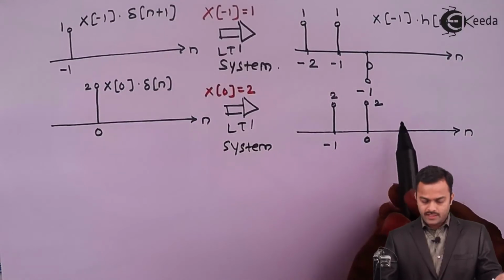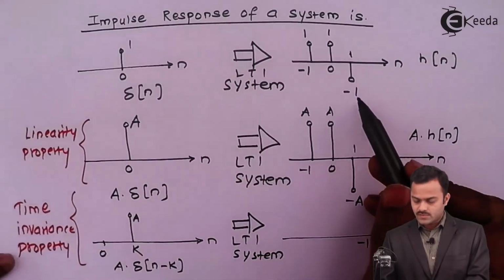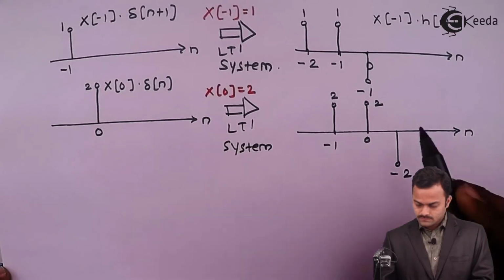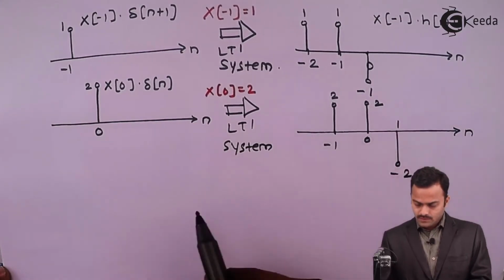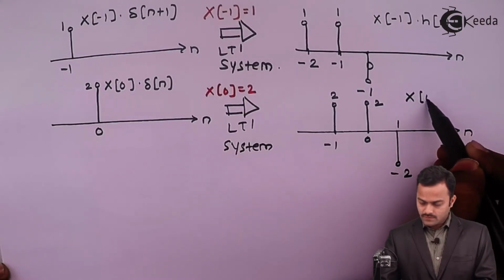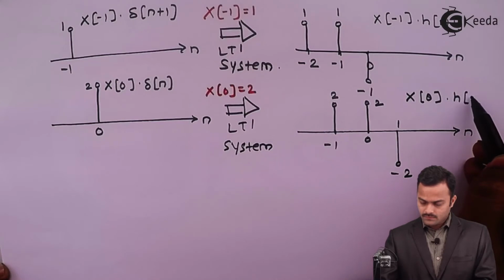And finally for n equal to 1, the impulse response value is -1 multiplied with a 2, so it is -2 like this. We'll get here x of 0 multiplied by h of n.